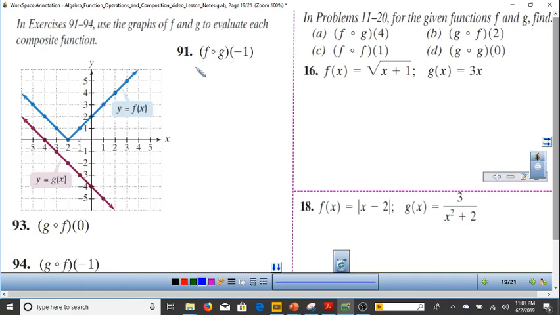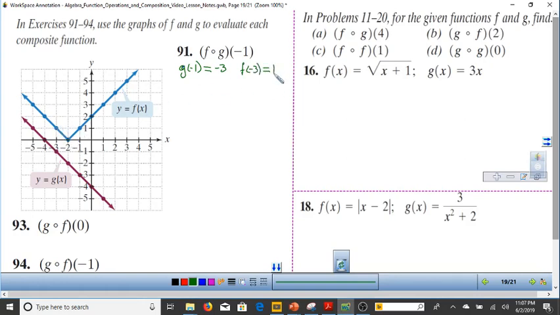What we need to do first is identify g of -1. I'll use the green marker here. For g of -1, we look for -1 and look for the g function. We see that gives us -3. That is the output of g, and that becomes the input of f. So now f of -3, we look for -3 and look for the f function.